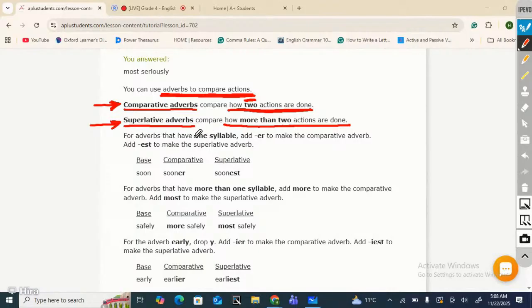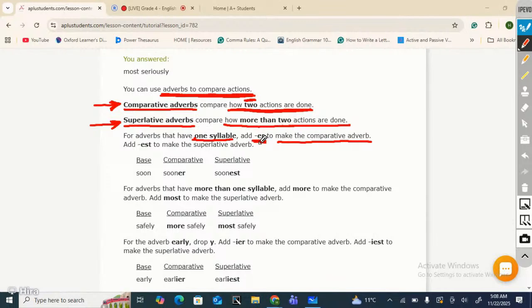For adverbs that have one syllable, add er to make the comparative adverb.